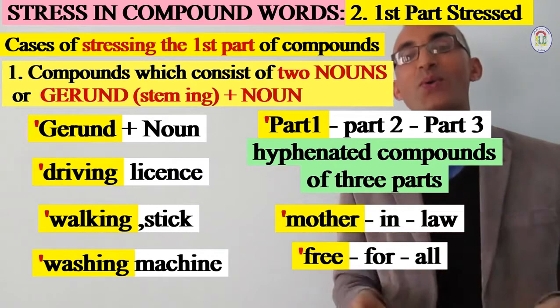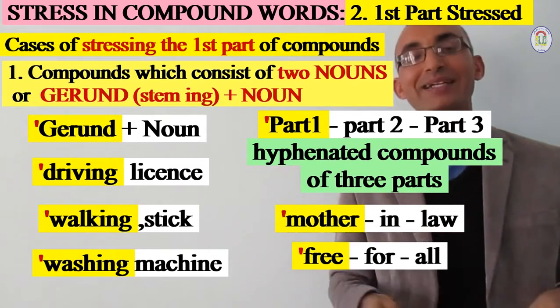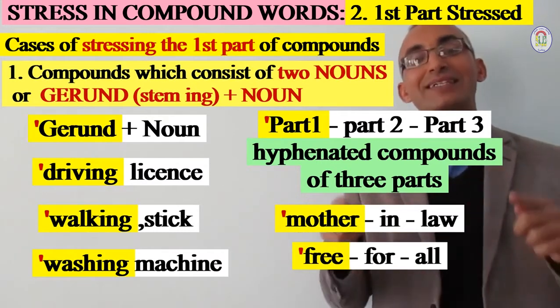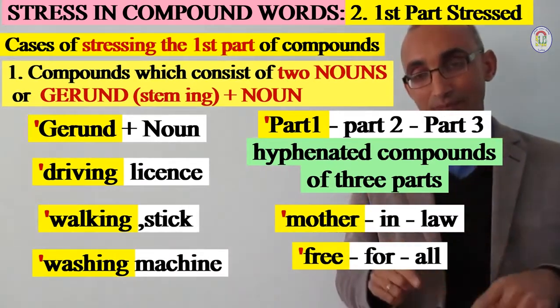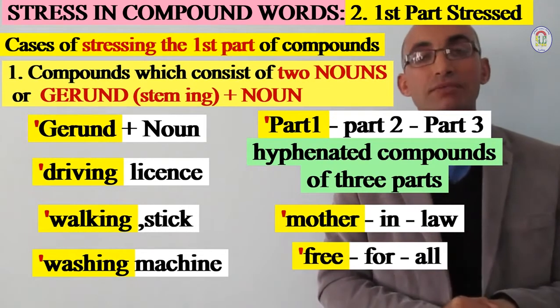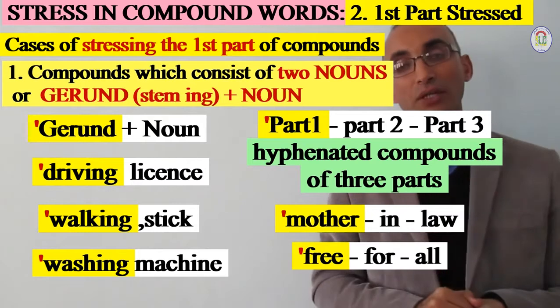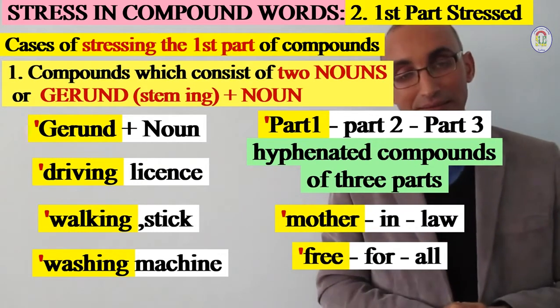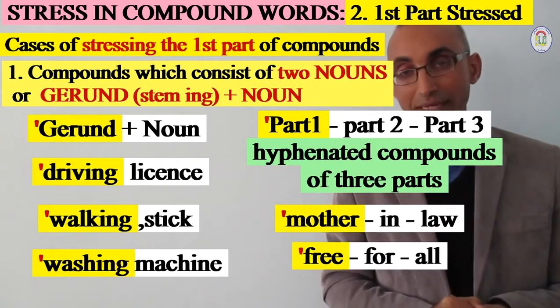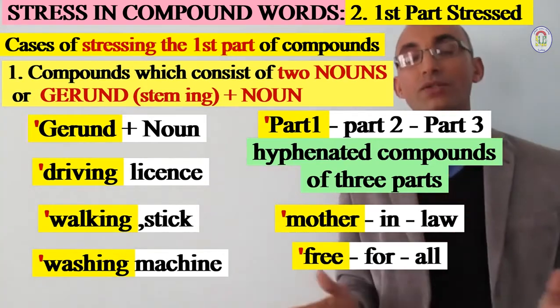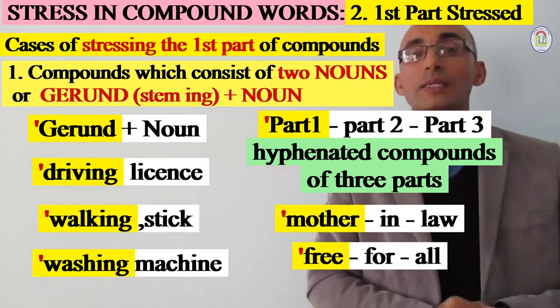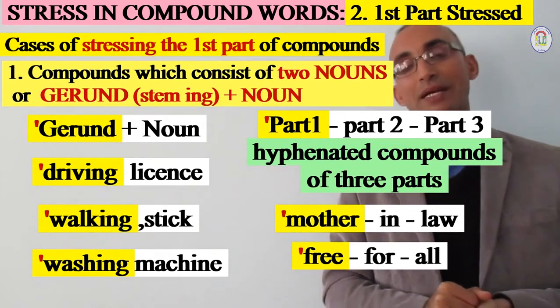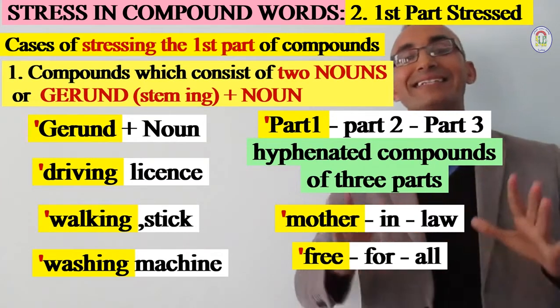Here also we apply the same rule to them and we always stress the first element of these compounds. It means I stress mother in mother-in-law and free in free-for-all. Clear? So as you see here, in all these compound nouns, we stress the first part and element.